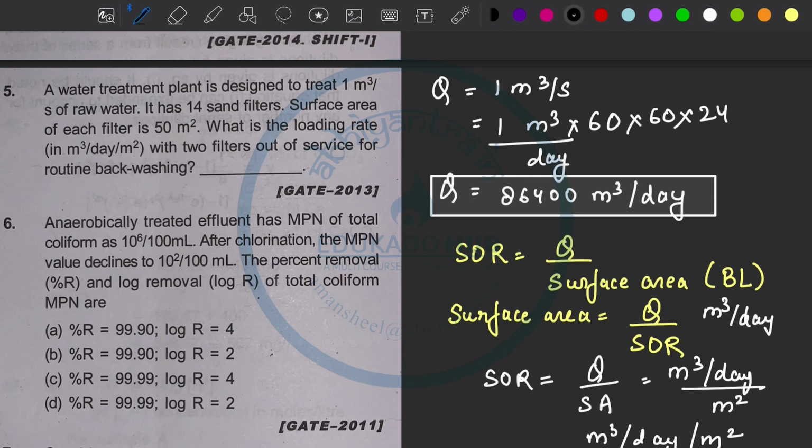So what is the loading rate in meter cube per day per meter square? They are asking about surface overflow rate, right?